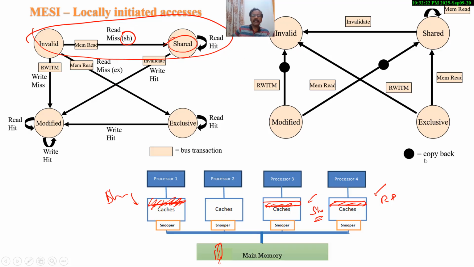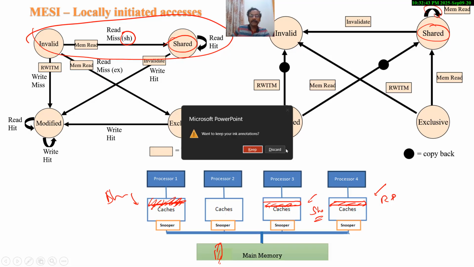So that's how this transaction is shown. Other changes I have already explained in the different cache coherence protocol related video, so you can get it from there. Okay, so let me stop here.